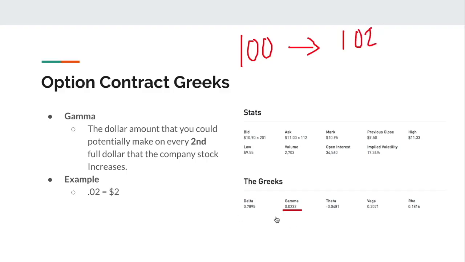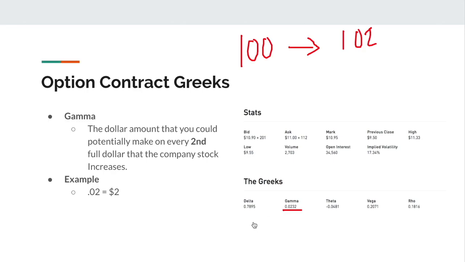This was probably taken off of a very inexpensive stock. When delta and gamma are this high, it's usually an inexpensive stock, because on a large cap stock like Apple or Netflix, depending on how far out it is between out of the money or in the money, this number is usually a lot smaller.